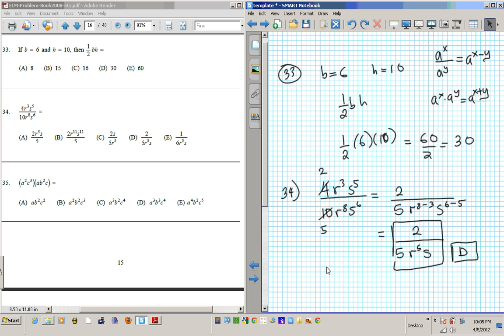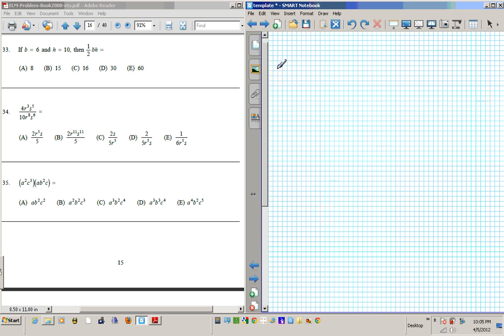It's another question that assesses your knowledge of the law of exponents. So basically we have a squared c to the third times ab squared c. If a term doesn't have an exponent, just give it 1, okay? Because that's the default exponent. So a squared times a: since we're multiplying, you add the exponents, 2 plus 1 for the a.